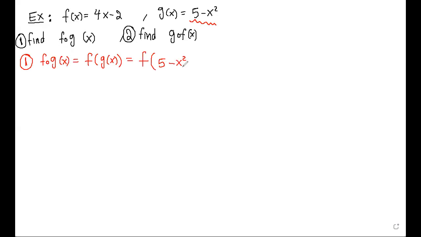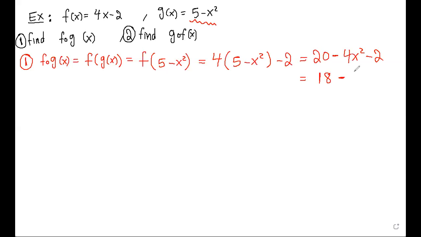Then you plug this one inside the function f. Instead of x, you put this one. This is equal 4 times 5 minus x squared minus 2. Then we get 20 minus 4x squared minus 2. And the final answer is 20 minus 2 is 18, minus 4x squared.